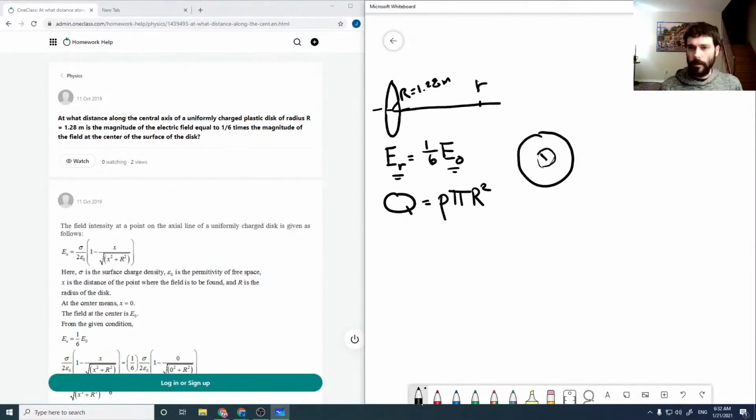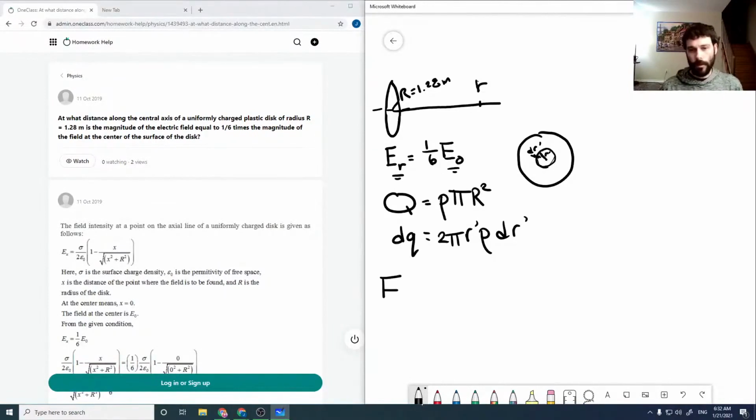So we can define a small area at some radius r prime, and it would have some width dr prime. And so it would have some incremental charge of 2 pi r prime rho dr prime, where rho is our charge density. And so we can use this in our electric field expression.